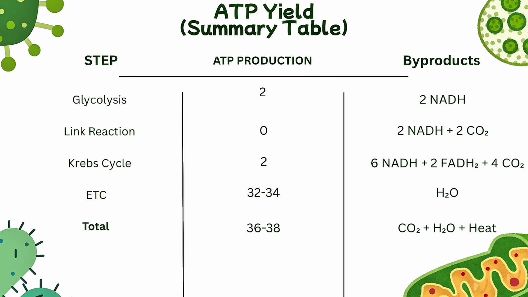In the Krebs cycle, there are 2 ATP produced and its byproduct is 6 NADH plus 2 FADH2 plus 4 CO2. In the ETC, its ATP production is 32 to 34 and its byproduct is H2O, also known as water. And its total ATP production is 36 to 38 and its byproduct is CO2 plus H2O plus heat.